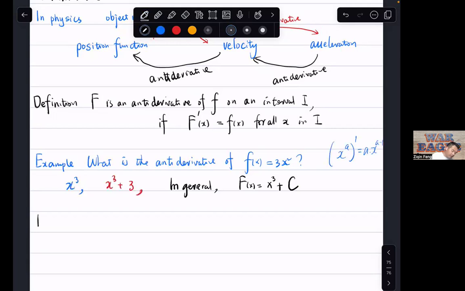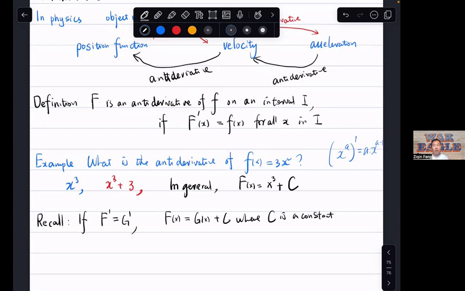Recall that when we discussed the mean value theorem, we had a fact. If you have f prime equal to g prime, two functions sharing the same derivative, then their difference is a constant, plus c, where c is a constant.